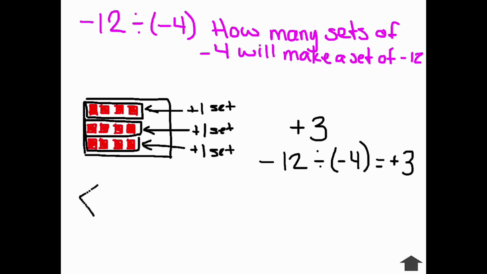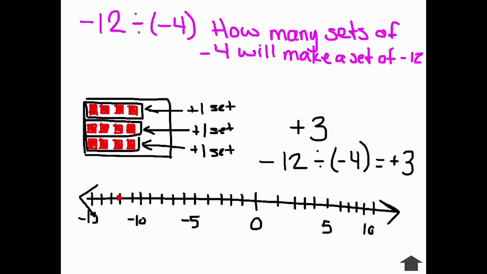We can look at it on the number line as well. Here is my -12. This is the set that I'm trying to make from 0 to -12, and I'm figuring out how many sets of -4 will make up that -12. So I'm adding one set of -4, a second set of -4, and a third set of -4.